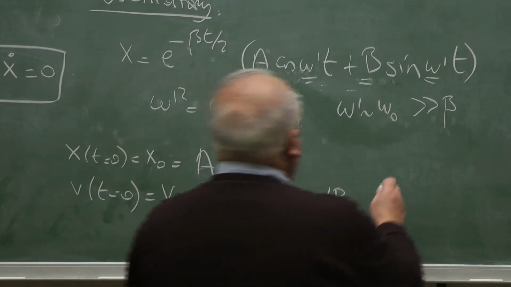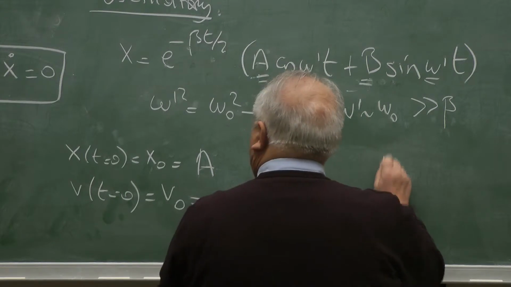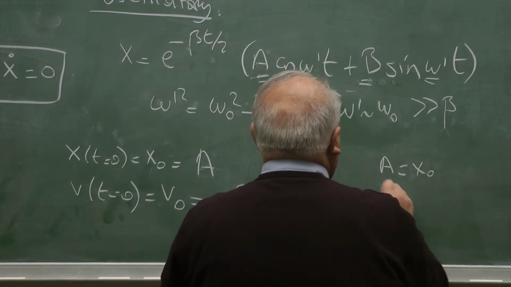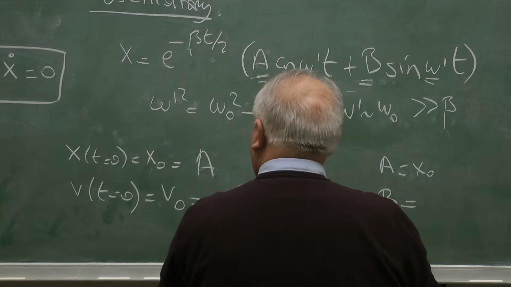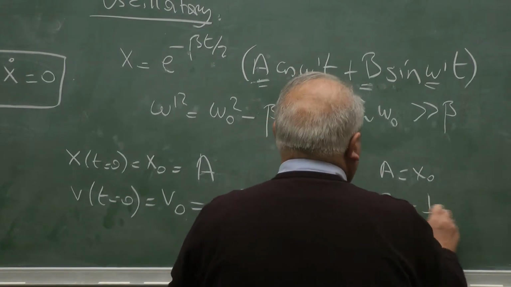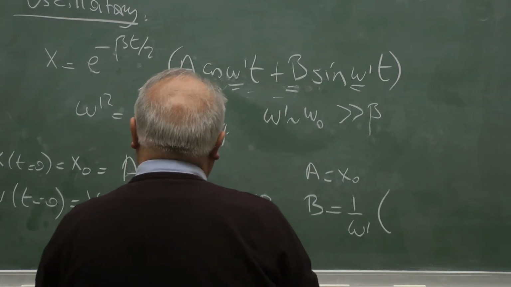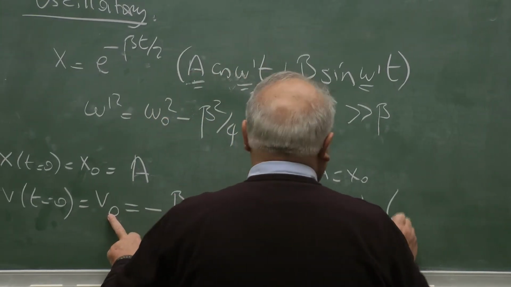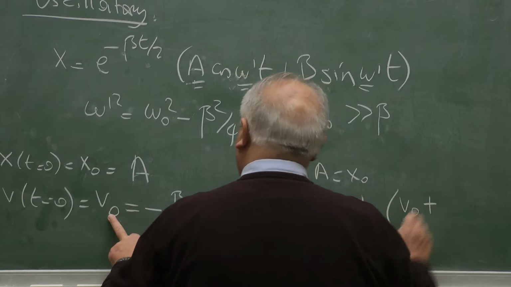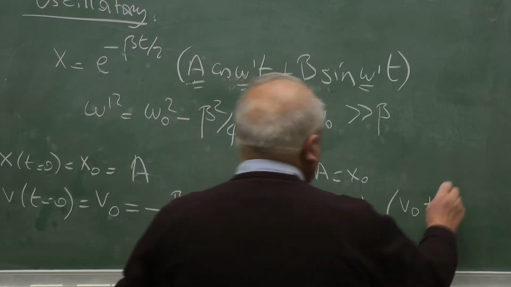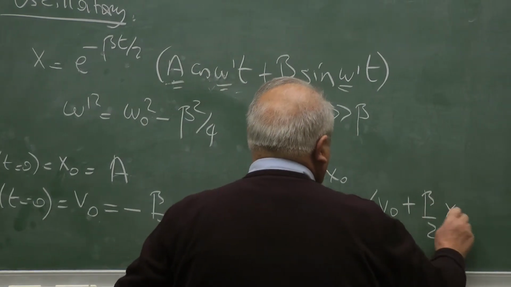So we have solved A and B. A is x0. B is 1 over omega prime times v0 plus beta over 2 times x0.